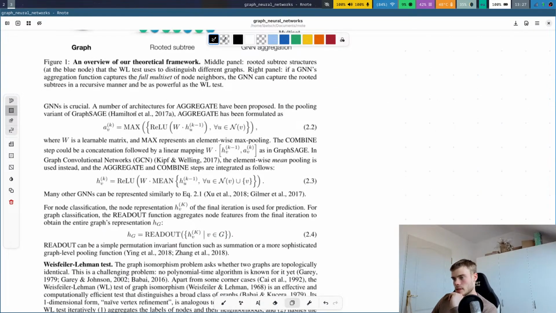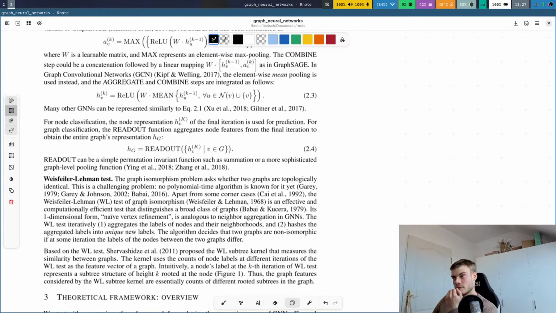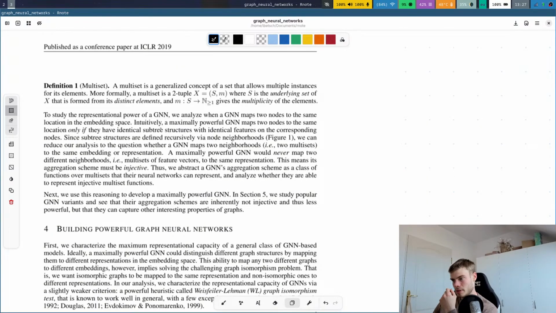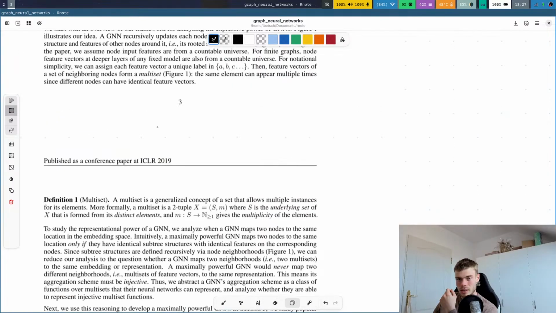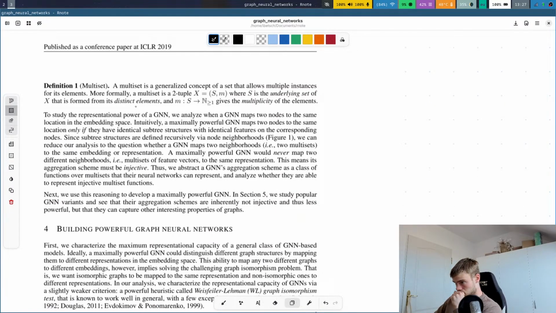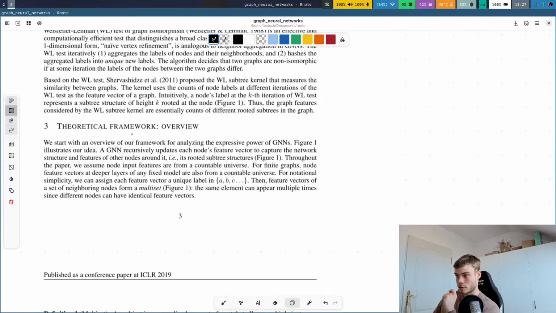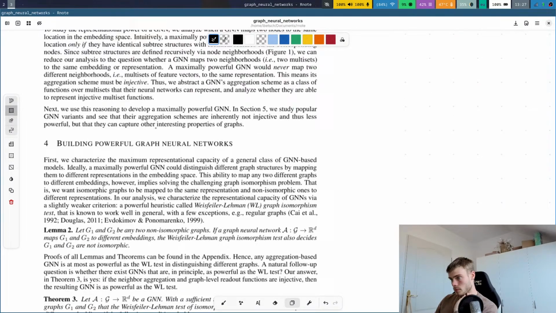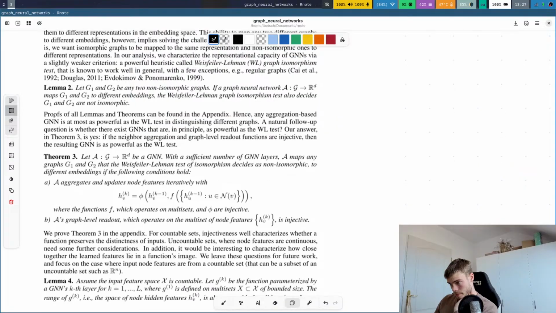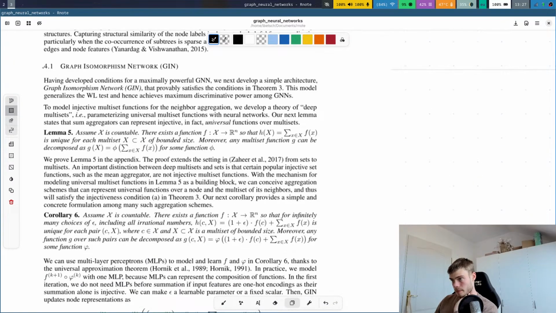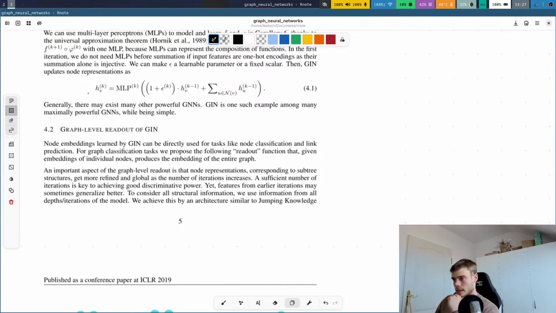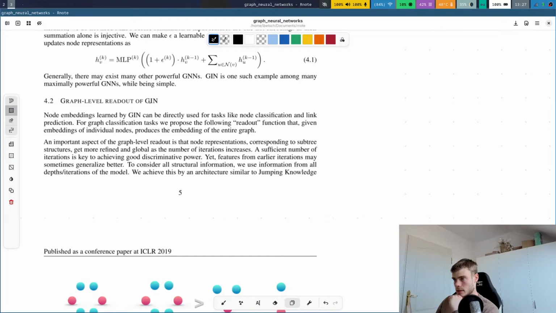Okay. So some preliminaries on graph neural networks, then a theoretical framework. So this is more or less their core piece, right? Not really. So their theoretical framework for assessing the representative power of a GNN. Then probably, yeah, then their core thing, the graph isomorphism network. And then the readout function.